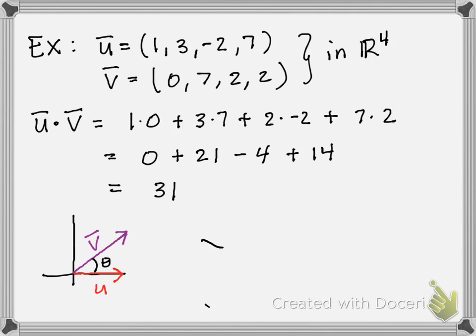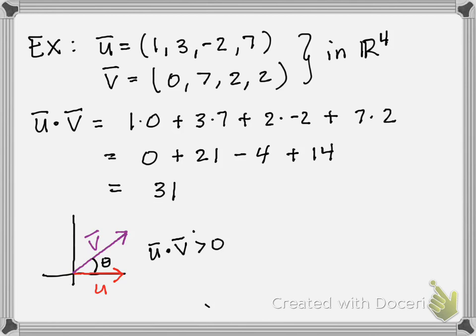So the angle theta there is acute, meaning less than 90 degrees. They're somewhat pointing in the same direction. Cosine of an acute angle is definitely positive. I hope you all remember about cosine. So the dot product in this case is definitely positive, because cosine of this angle is positive. So I'll just say u dot v is a positive number in this case.